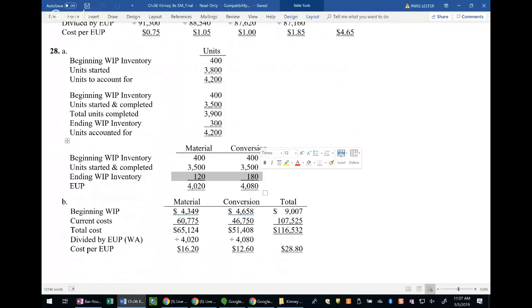Yeah, they calculate. Well, it's up here at 300. Okay, how much was it finished for material?